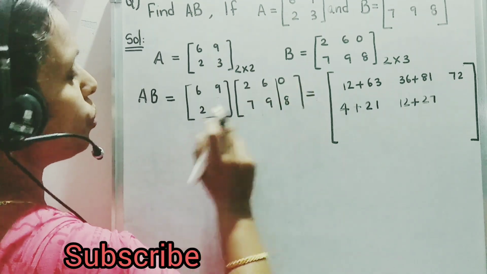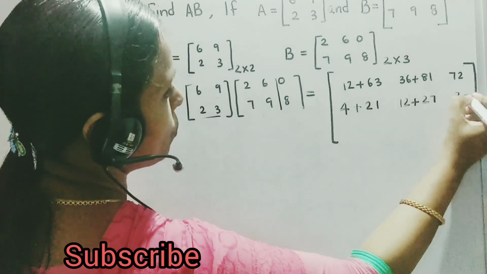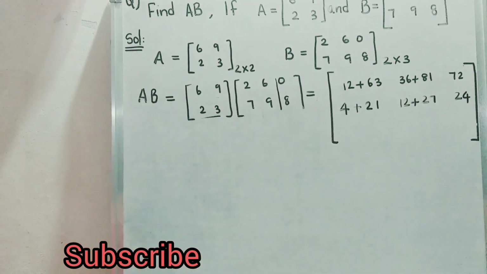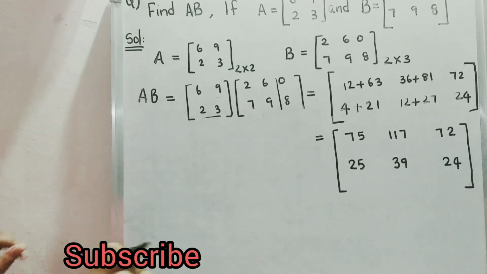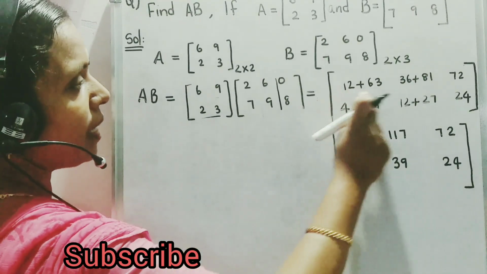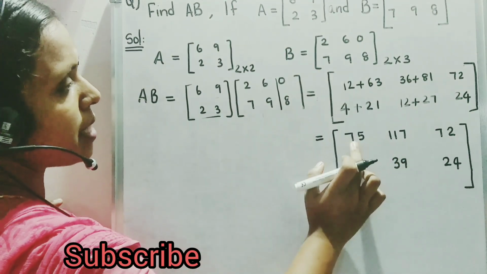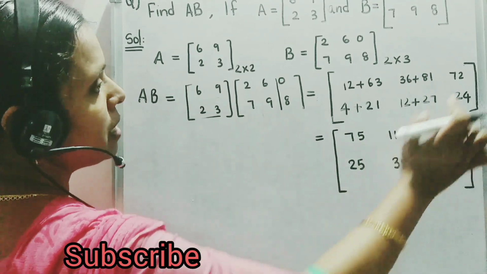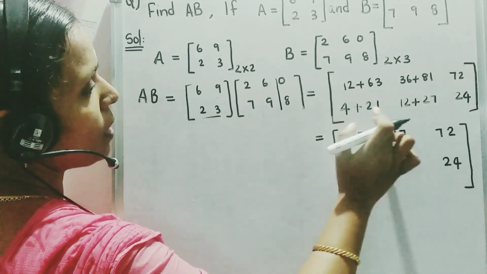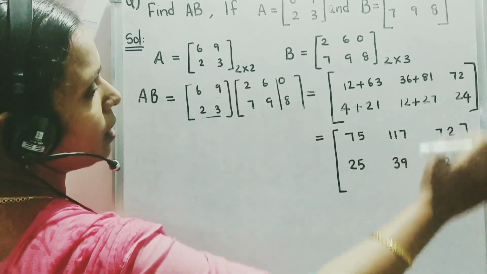That is 2 into 0, 0, 3 into 8, 24. Next adding 12 plus 63, we get 75. 36 plus 81, we get 117. 72. 4 plus 21, 25. 12 plus 27, 39. Then 24.